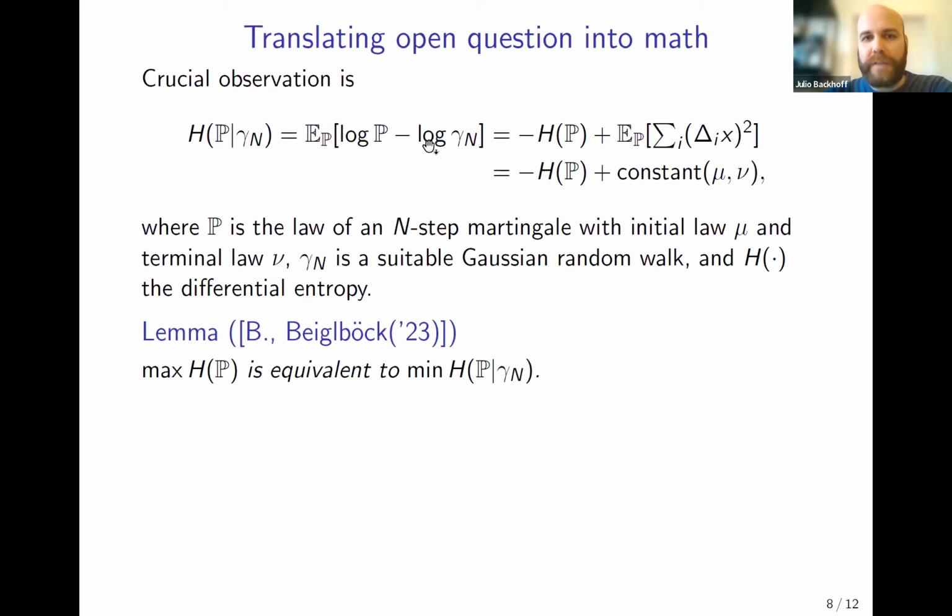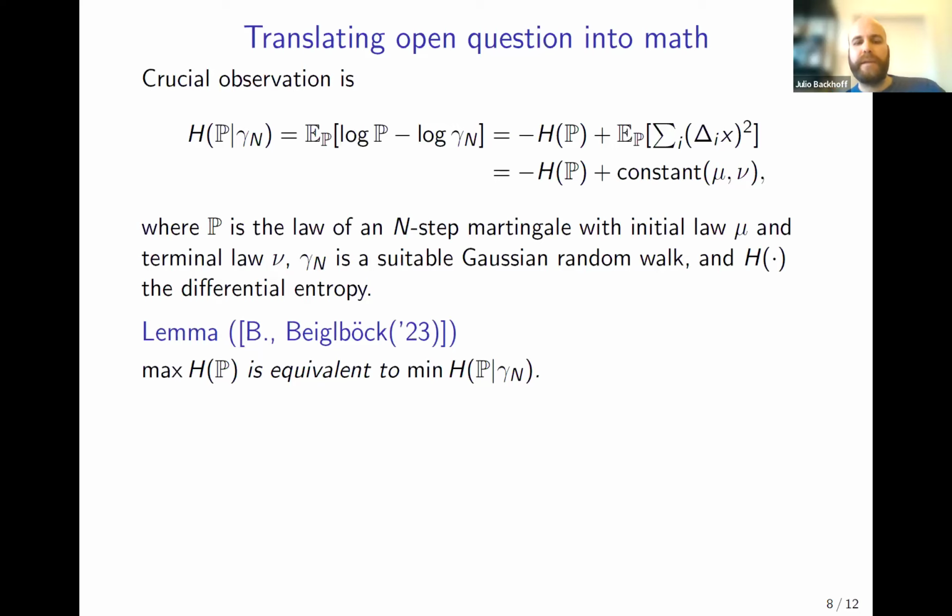We have the logarithm of that, so what survives of that is just the sum of the increment squares, essentially. And now we're integrating under a martingale law the sum of increment squares. So we know that this is going to be the difference between the second moments at the end and at the beginning of times. And because we know the distribution of P at the end and at the beginning, that is a constant that only depends on mu and nu, but not on P.